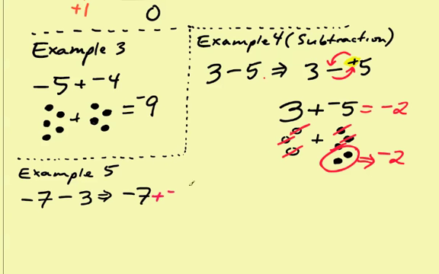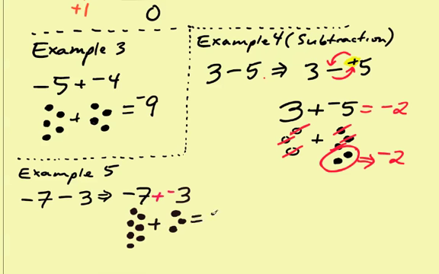So then I have a -3. I have -7 here and -3 here, so that means I will go ahead and put 7 black dots down, and then I'm adding that to 3 black dots. 7 and 3, well, that's easy enough.